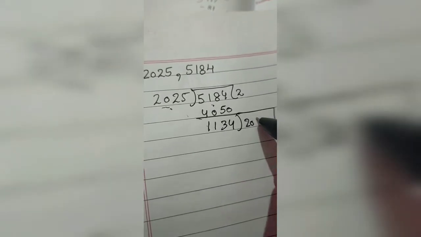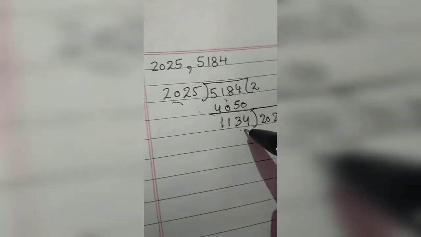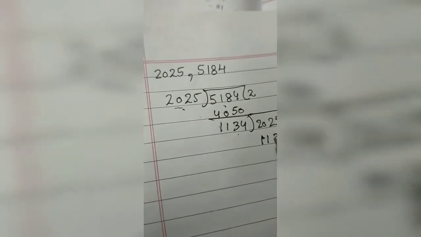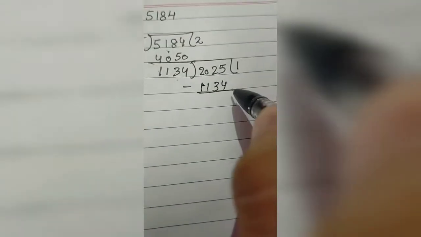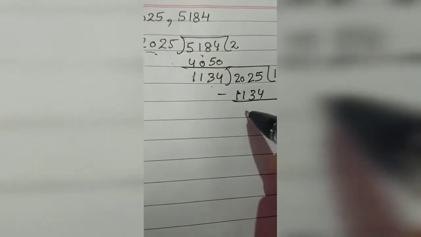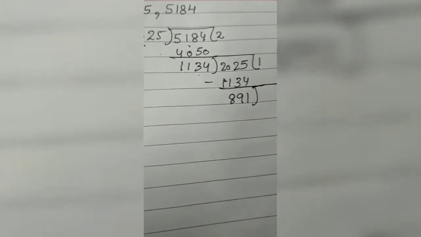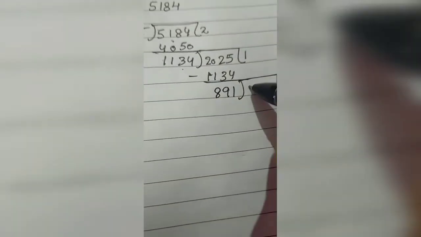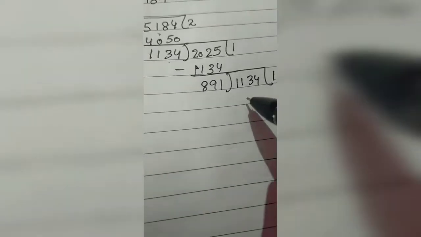This 2025 will come inside. Now we will check this table. It will come on 1. Subtract it. 891 will come. Now this 1134 will come there. It will go on 1.